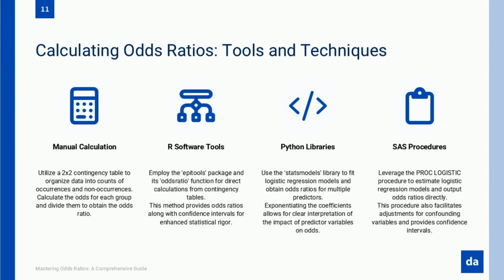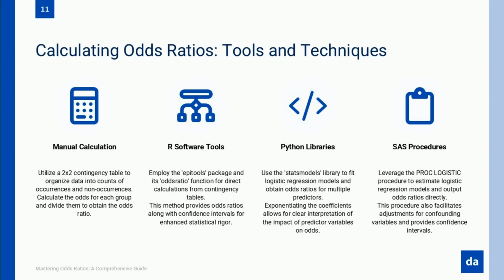By reporting these exponentiated coefficients alongside their confidence intervals, data scientists can present a comprehensive picture of the relationships within their data. As we navigate this landscape of tools and techniques, it becomes clear that the choice of method for calculating odds ratios isn't just a matter of convenience. It's a critical decision that can significantly impact the validity and interpretability of our results.